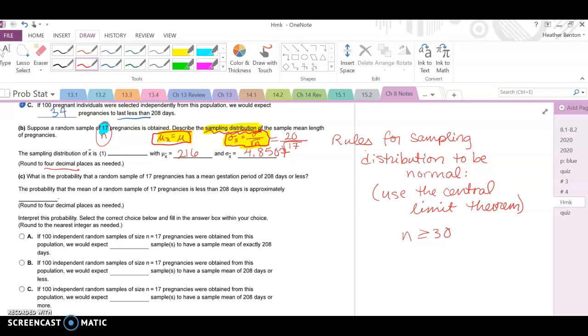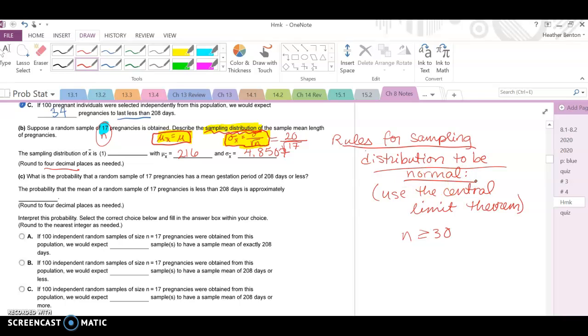And so describe, a lot of times with describe, they basically mean, is it normal, is it not normal, is it skewed? And then they also mean where is the mean and how far is the spread, what's the standard deviation. So by center, they mean what's the mean, and when they say what's the spread, they mean what's the standard deviation.